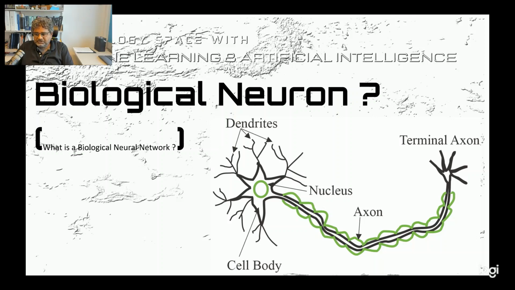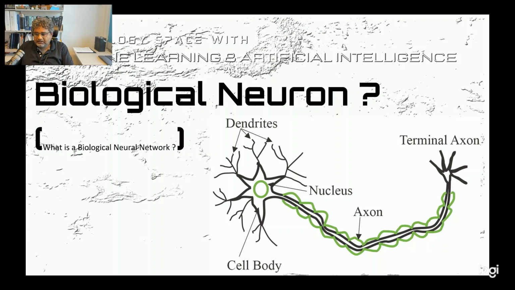As you can see, it consists of a cell body. On the top part of the cell body, you can see the nucleus. The cell body is connected to dendrites. These are like small units which can absorb messages as electrical sparks.